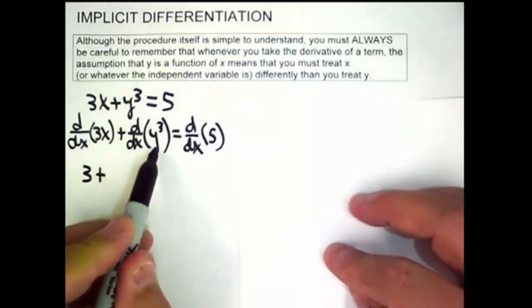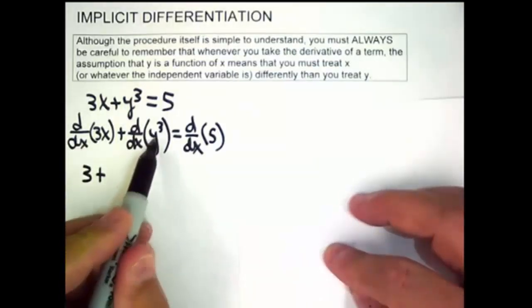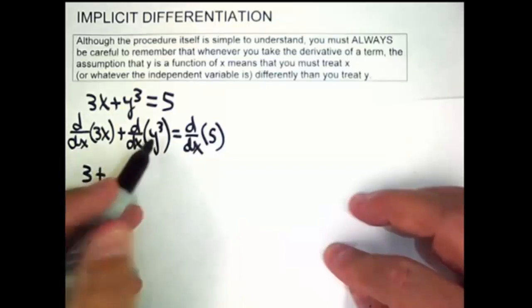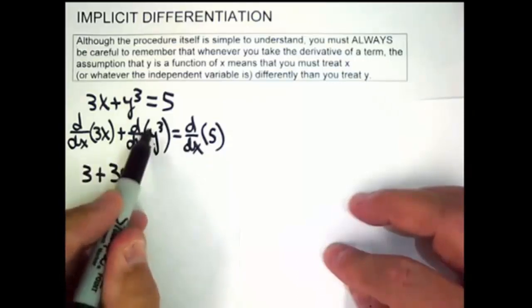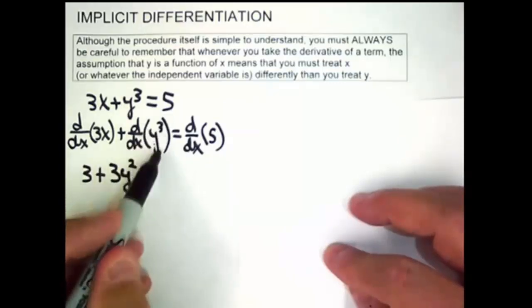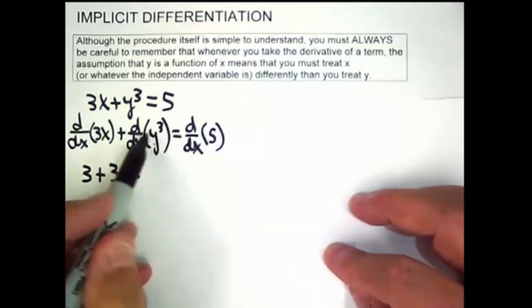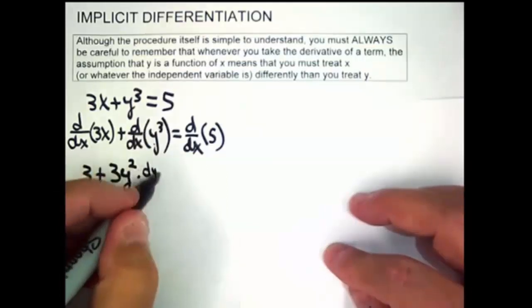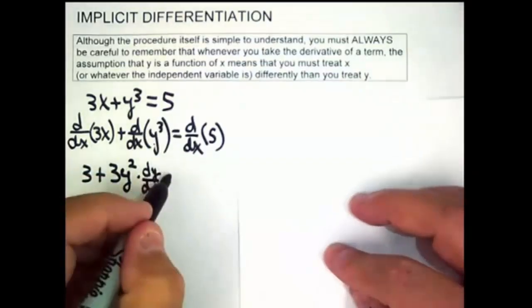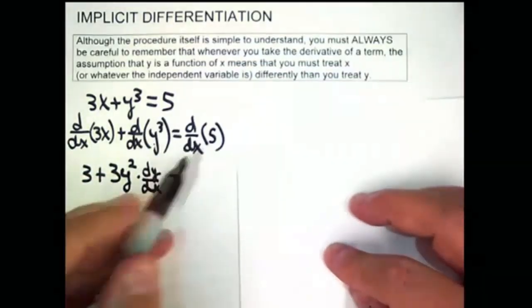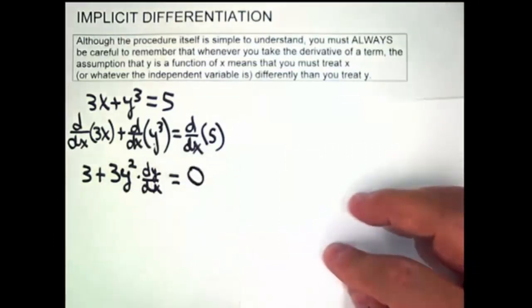But now y cubed will be 3y squared, but since y is a function of x, you've got to use the chain rule, which says come back and take the derivative of the base, which would be dy over dx. And then of course the derivative of 5, as we've said before, is 0.